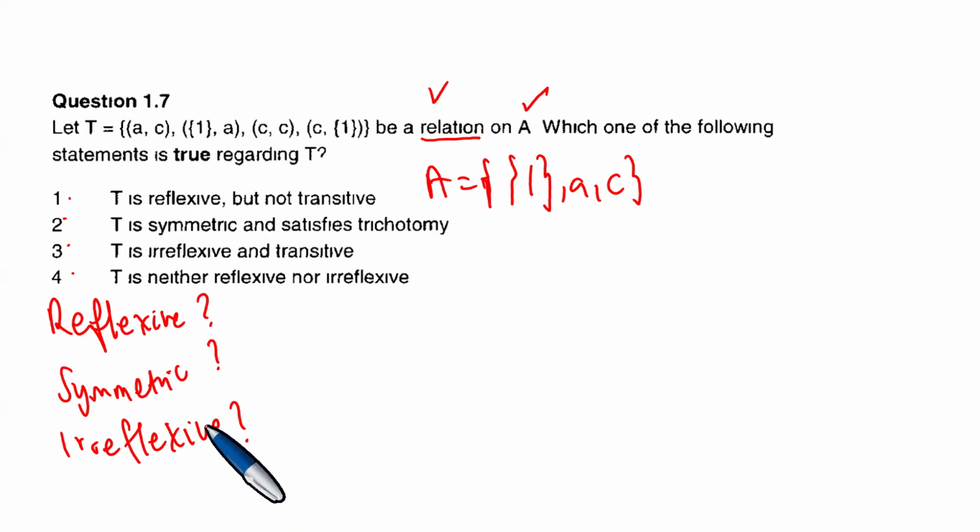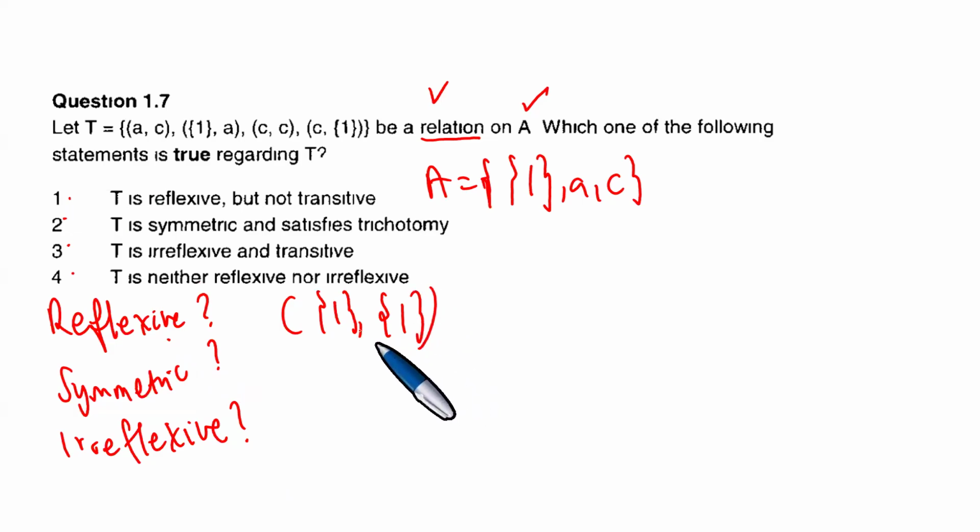Let us see what is the case. If it is reflexive, every element must be related to itself. Let us check the singleton 1, 1. Is it related to itself?